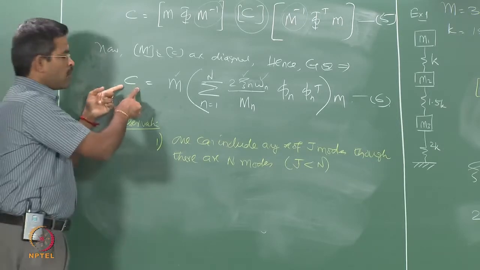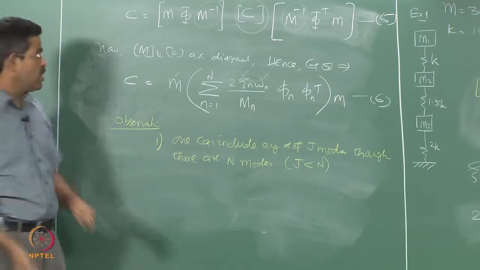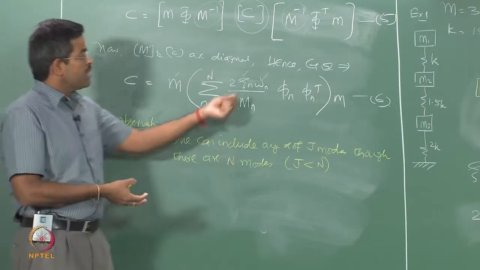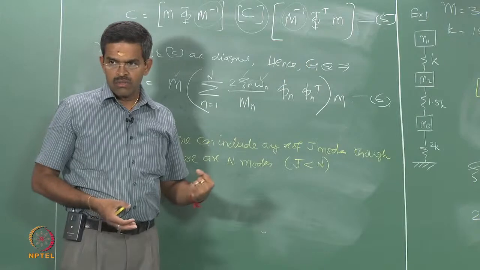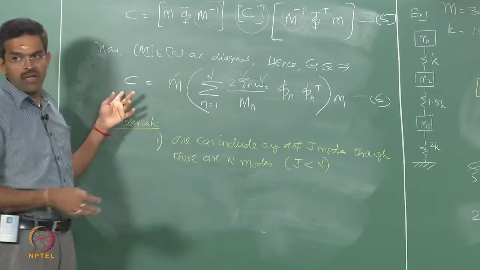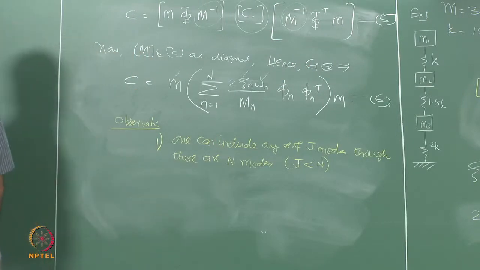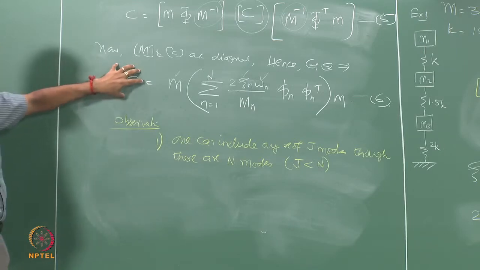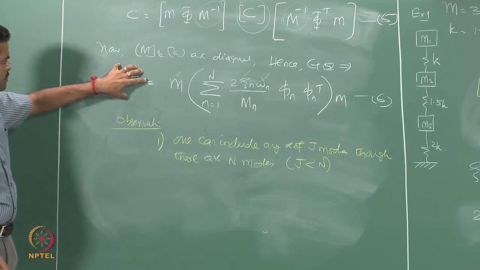Suppose in a given matrix you have only C1 and C2, do not have C3, but you have the third mode also, it is implied that the damping ratio from the third mode does not contribute significantly to the overall damping matrix. Okay, damping matrix is dissipation of energy, it is response control, response decay.